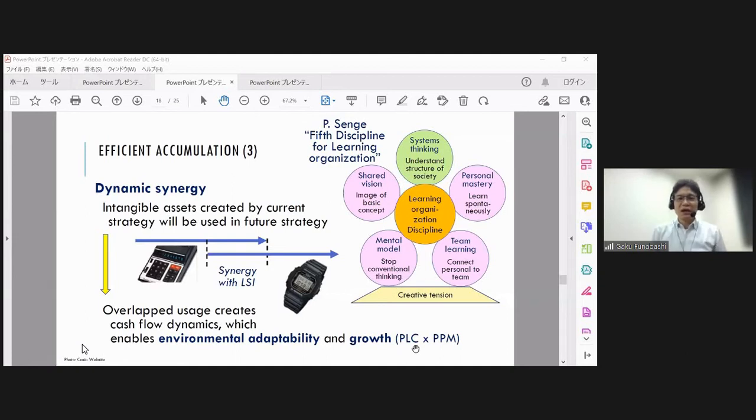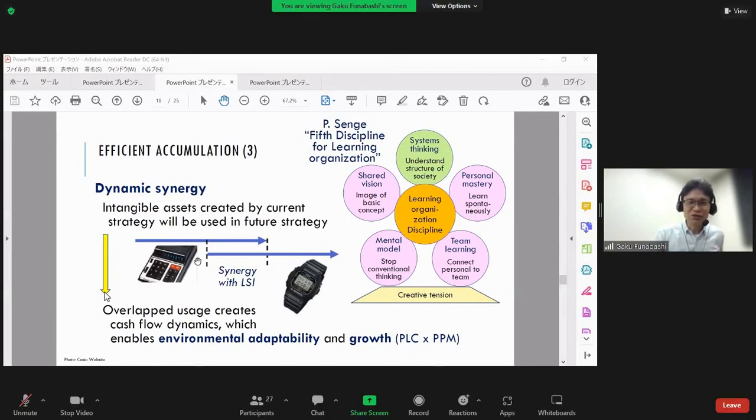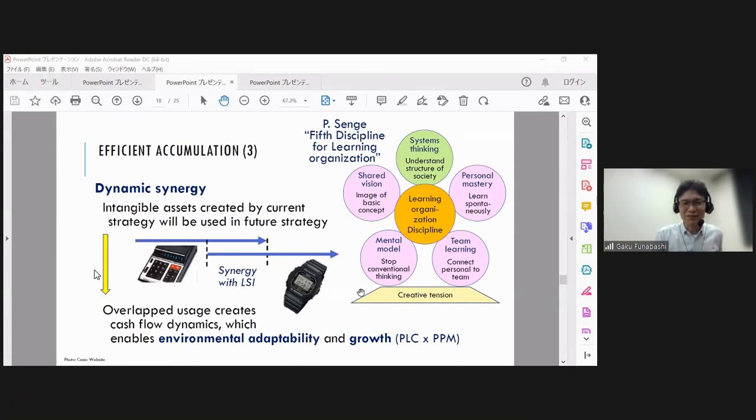Okay. And in this case, in dynamic synergy, here, there are two photos of two products. One, it's like a calculator. It's an old product for Casio, for example, a Japanese company. And for them, a relatively new product compared with this calculator is the watch. Even though it's 1970s and 1980s.